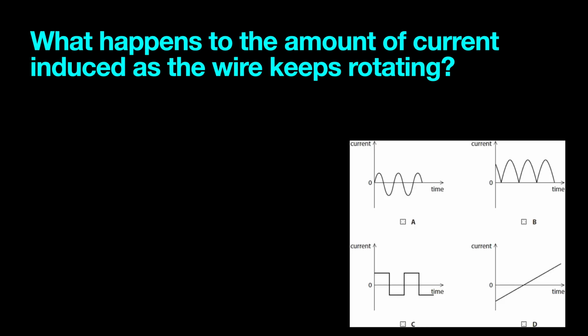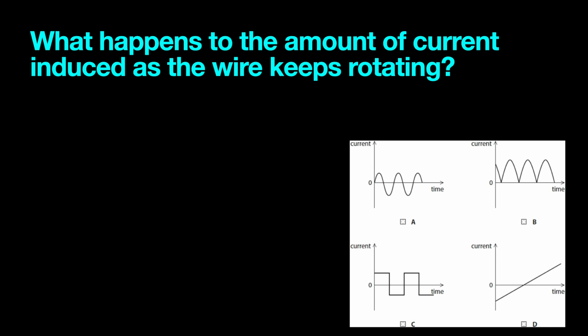Now, as the coil continues to rotate, which graph, A, B, or C, do you think represents the current being induced? Pause the video and think. So, as mentioned earlier, potential difference will continue to alternate in direction.